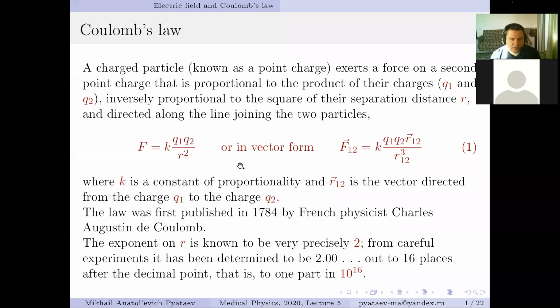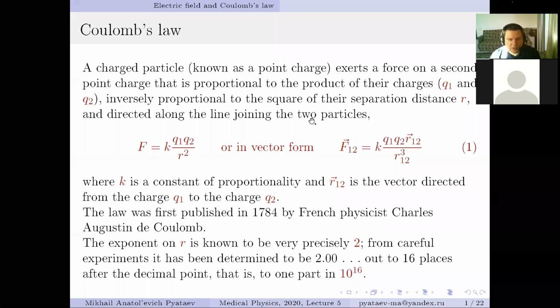It means that Coulomb's law satisfies some assumption about the symmetry of space and time, which can be made based on this dependence. And these assumptions are proved to be correct with very high precision.